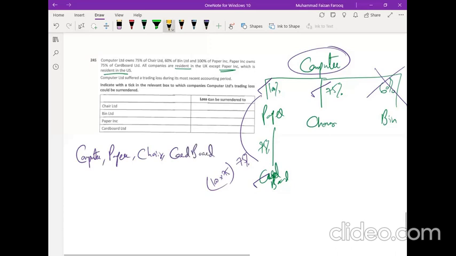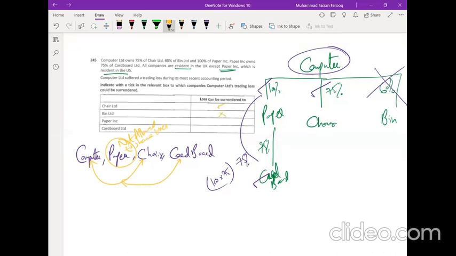Right. What we learned is that they can share losses amongst each other, right? The foreign company can be part of the group, but is not allowed to share losses. You remember the question we did, Holland, Sheffield, and Birmingham. So Chair Limited, yes, it can surrender loss.